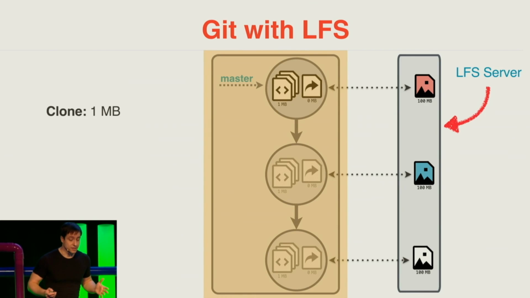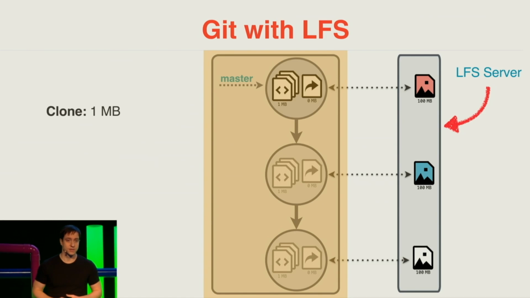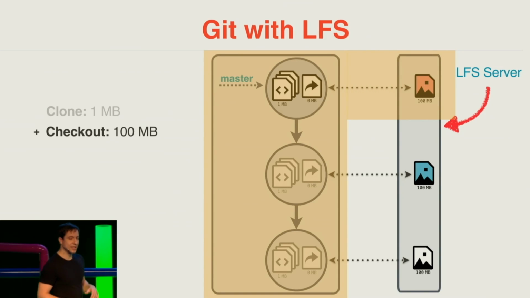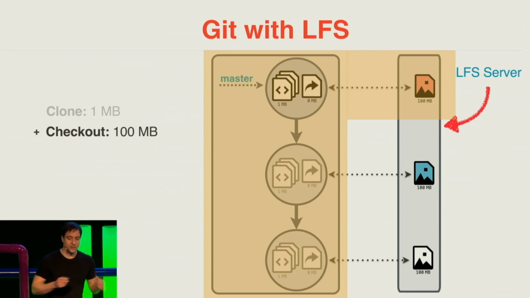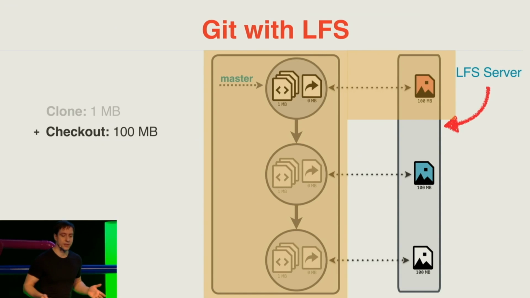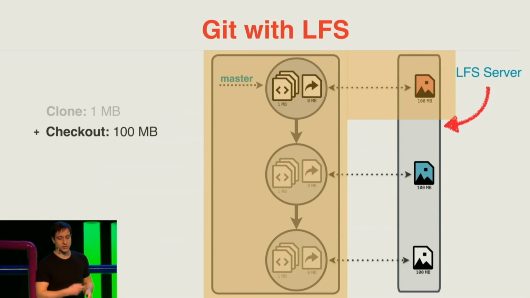So this is great, because when you want to clone this repository, you just have to transfer 1 megabyte of data, which is super fast. And if you check out the master branch, then Git and Git LFS is clever enough to figure out what large files need to be transferred. In our case here, we need to transfer the last version of the video, the red version. And then Git LFS will download it on the checkout.